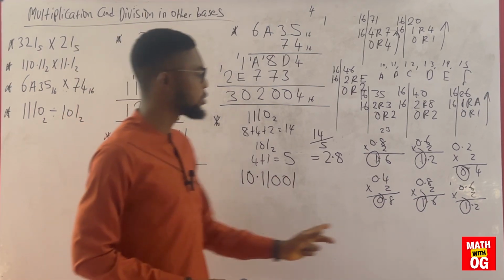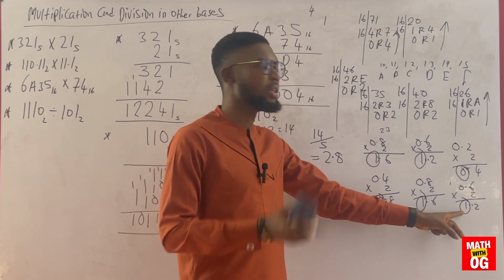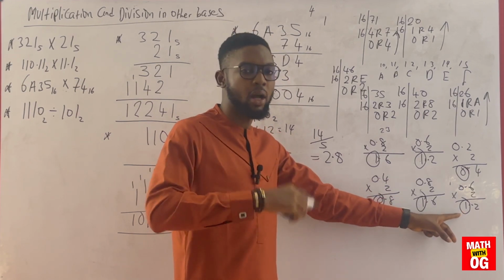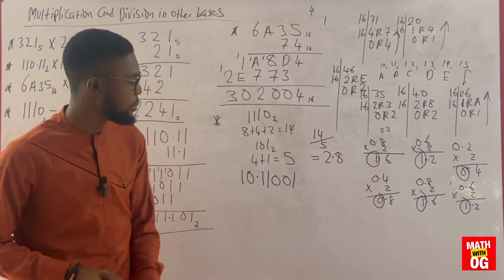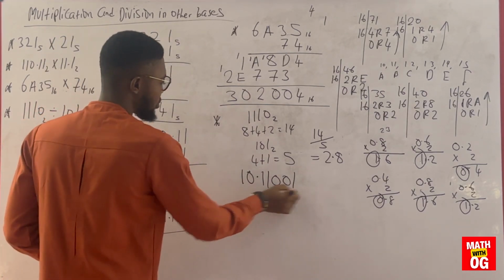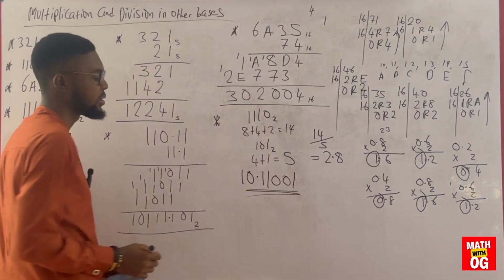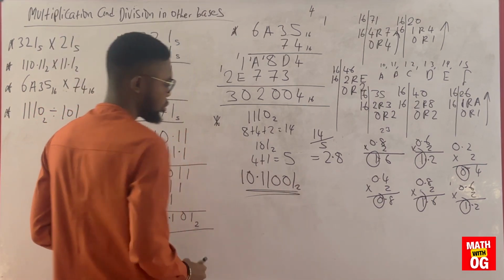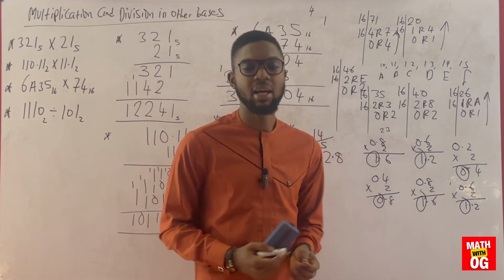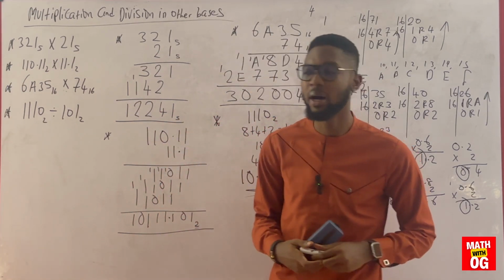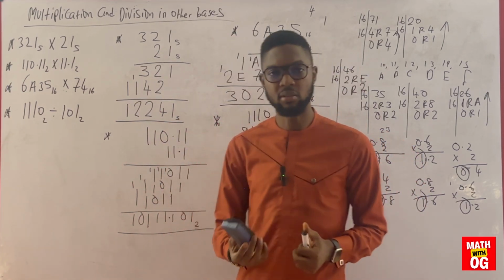If we continue, we are going to have a 1, then a 0, 0, 1, 1, 0, 0, as the case may be. So we can leave it this way as 10.11001 in base 2.